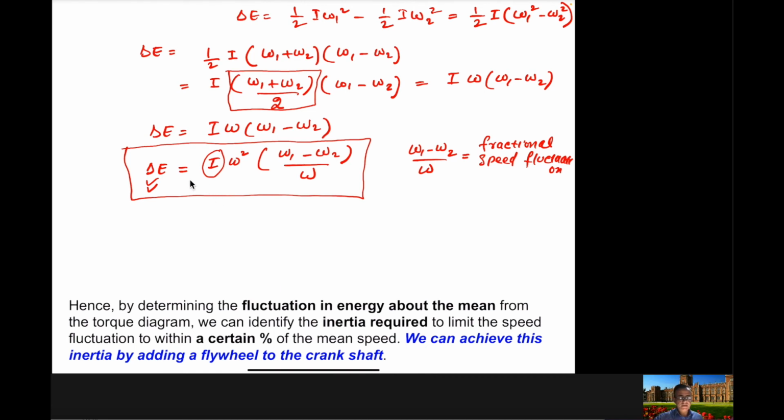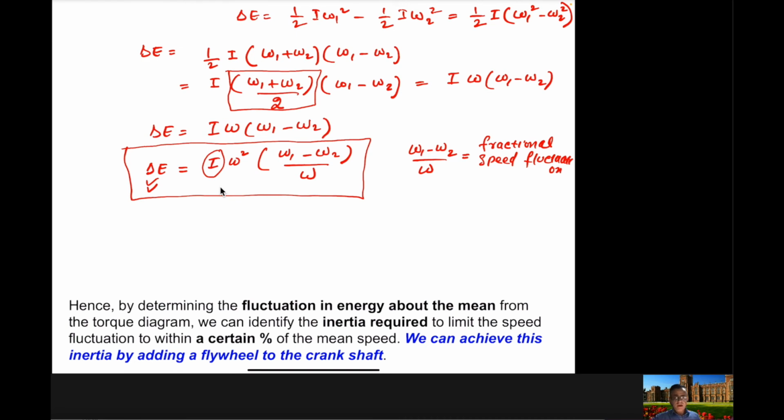So the main idea is that if you can calculate delta E from the torque diagram, then you can control this speed fluctuation of the crankshaft by incorporating some sort of inertia in the system.